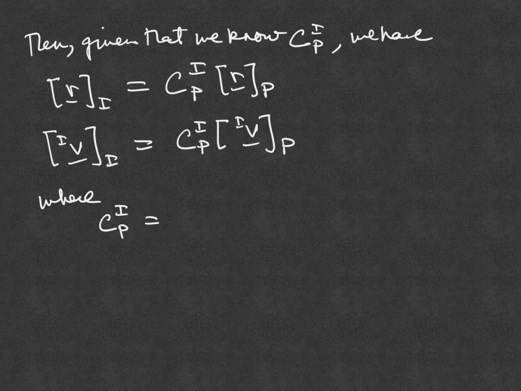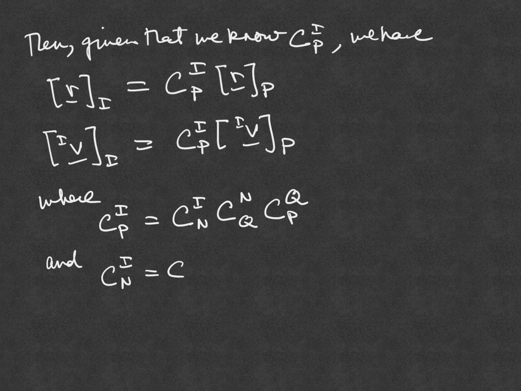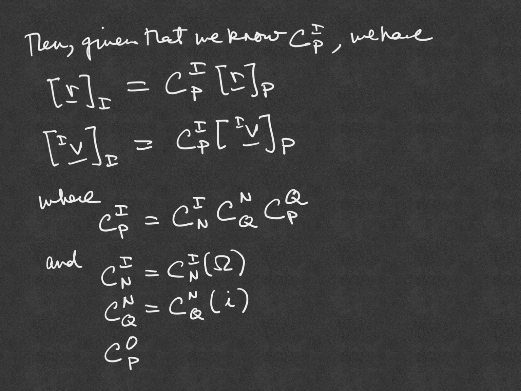Cp to I is equal to the transformation from n to I times the transformation from q to n times the transformation from p to q. Cn to I is a function of the longitude of the ascending node, Cq to n is a function of the inclination, and Cp to q is a function of the argument of the periapsis.